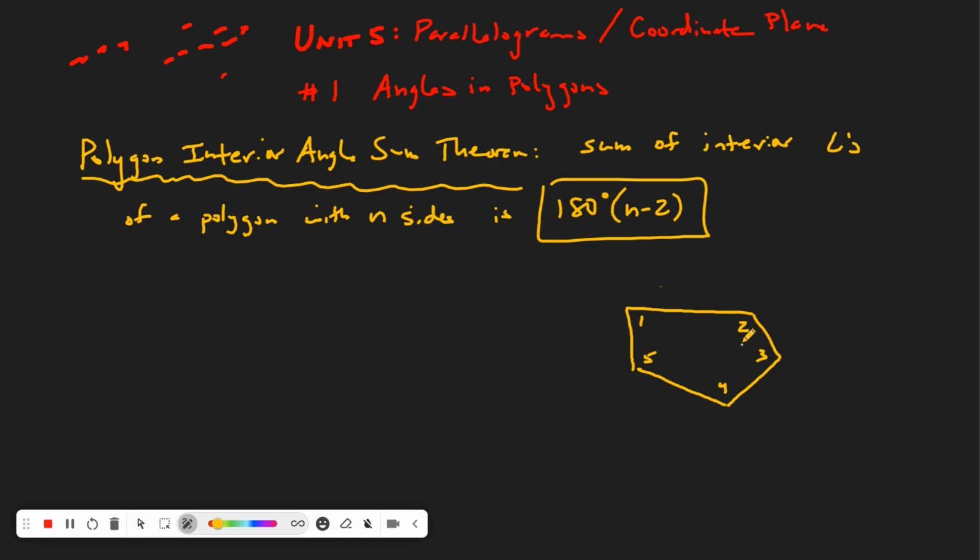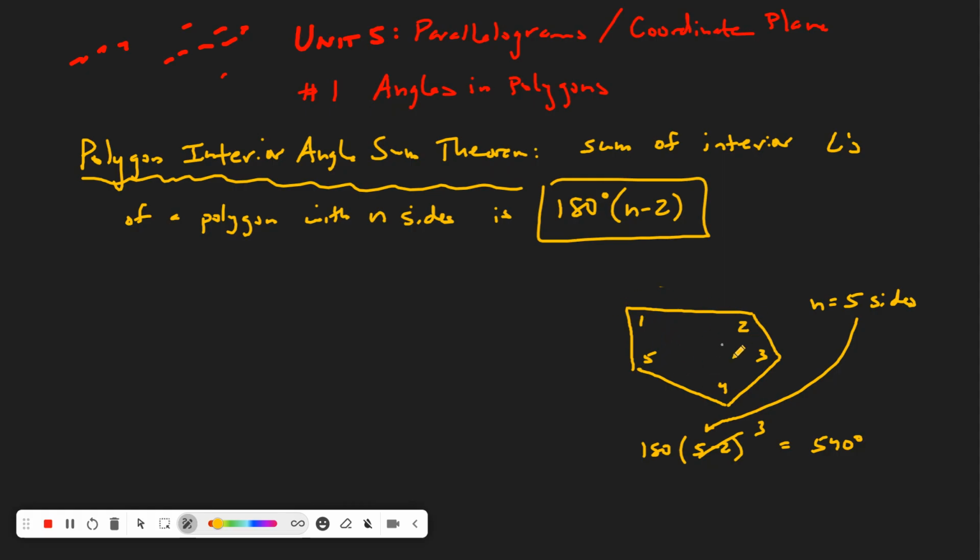To find the sum of these 5 angles, I would just do 180 times 5 minus 2, because this pentagon has 5 sides. So n for this picture is 5. Well, 5 minus 2 is 3, and 3 times 180 is 540 degrees.